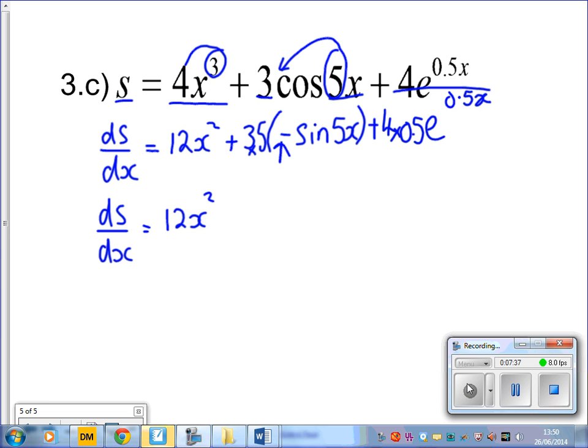Now I've got this minus sign here, so I'm going to bring it to the front. Minus 3 times 5 is 15, 15 sine 5x, plus 4 times 0.5 is 2, 2e to the 0.5x.